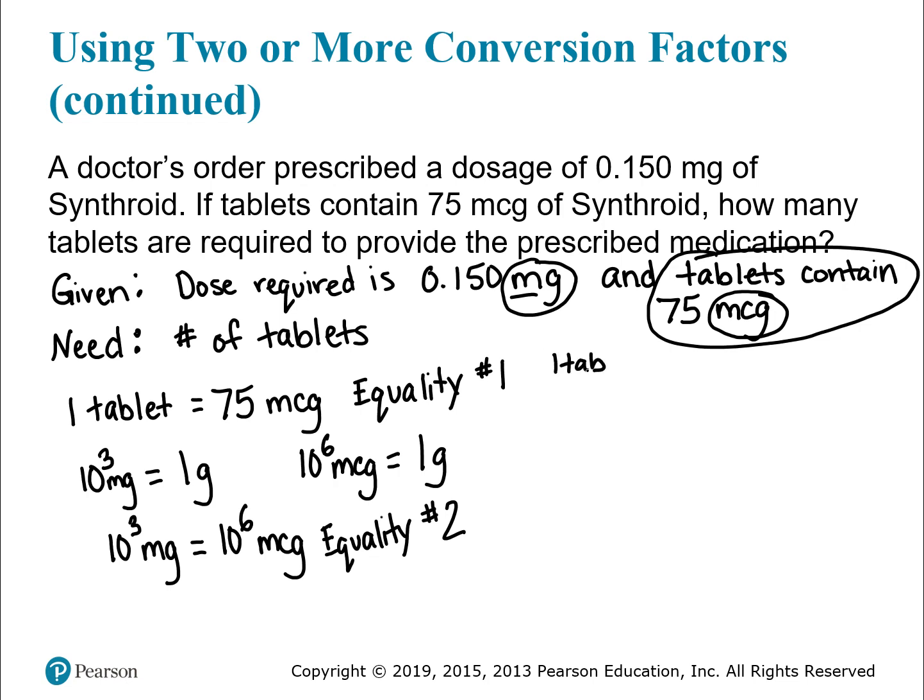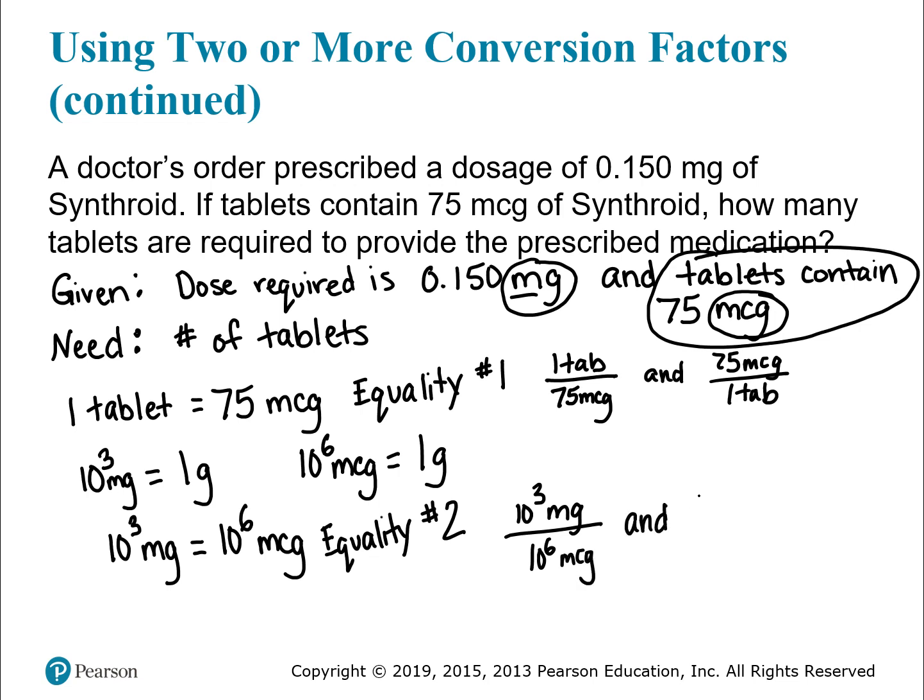I'm going to abbreviate tab for tablet. And then for our second equality, we can write 10 to the third milligrams over 10 to the 6th micrograms, and we can flip it.